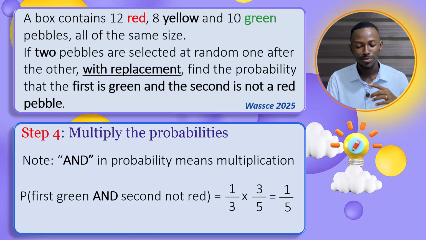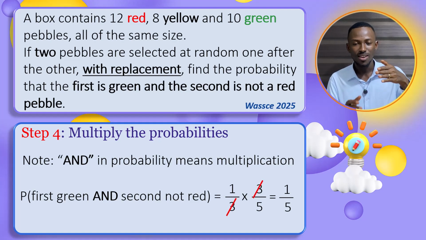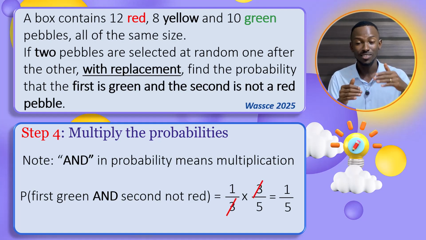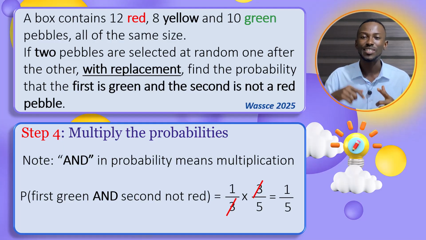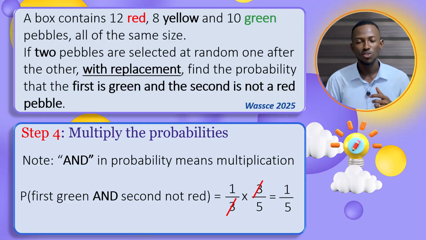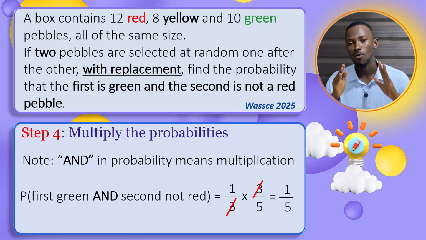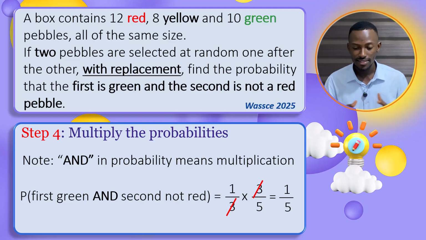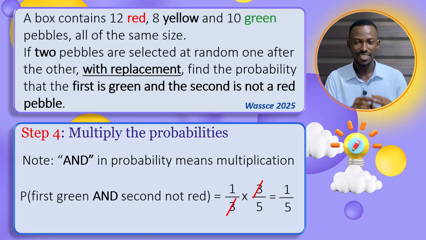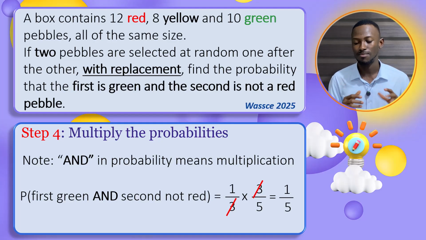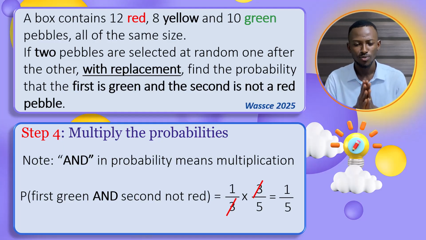How? Simply put, the 3 in the denominator of 1 on 3 will cancel out the numerator of 3 on 5. So the 3's have taken care of themselves, leaving us with 1 on 5. Better still, you can go ahead and multiply the two, giving you 3 on 15. And 3 on 15 is the same as 1 on 5. So this is the final answer of this question.